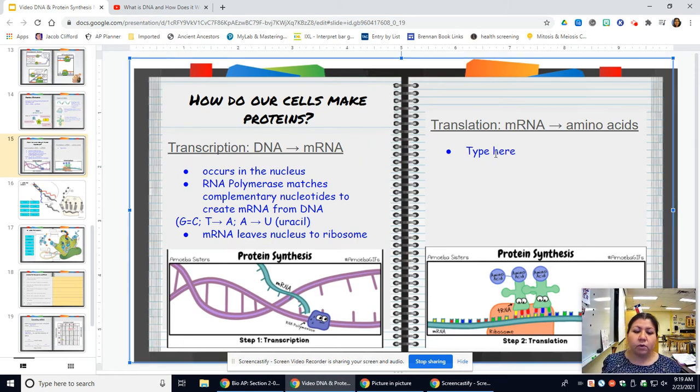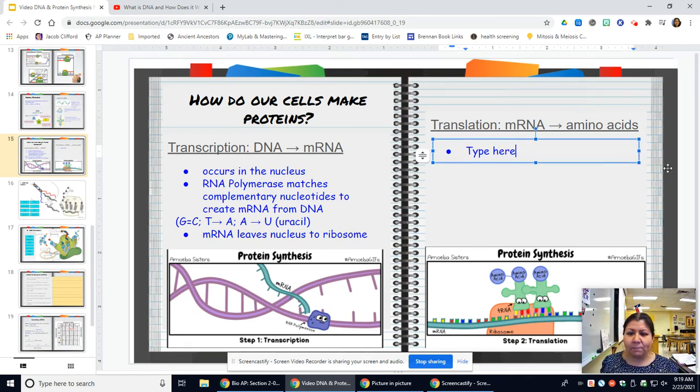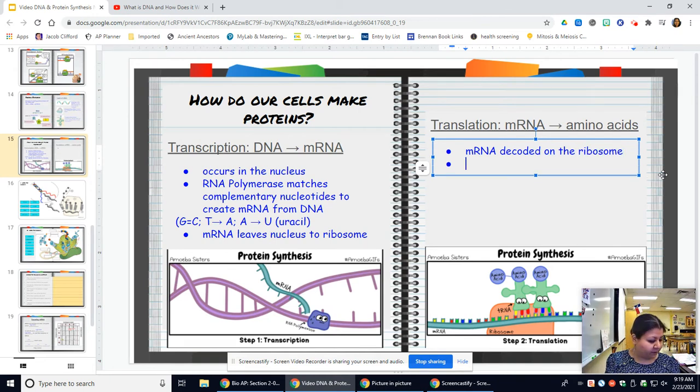Now we have our mRNA, it's left the nucleus, it's gone to the ribosome. So how do we code for our proteins? That process is called translation. My mRNA is decoded on the ribosome, and my little tRNAs, my transfer RNAs, are bringing the corresponding amino acids.